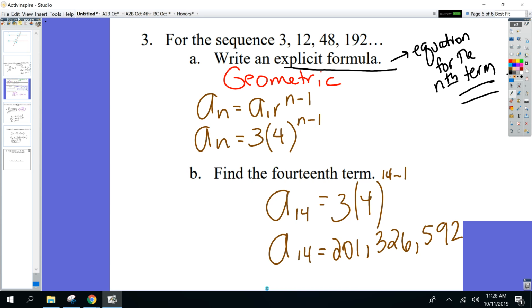And anybody know what unit we're in? 2. So open up the Unit 2 folder. You will see homework answers, week of October 8th. And then everyone see review for test answers. There you go. Open that bad boy up and get going.